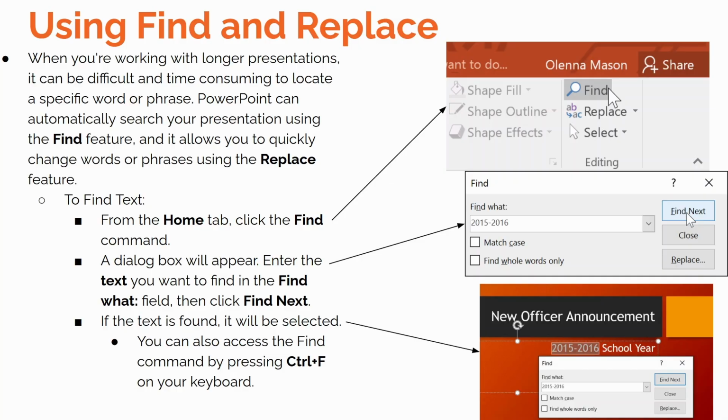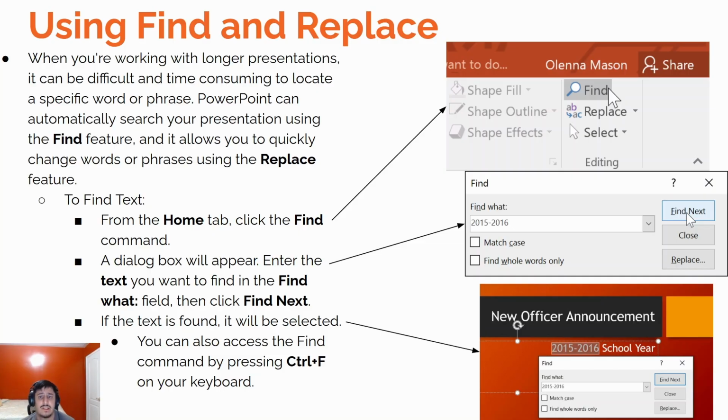Well, I have some, whoops, let me turn this on. I have some examples, right? Let's say we're working on a slideshow, and we put someone's last name in, and let's say we've misspelt that last name on multiple slides.